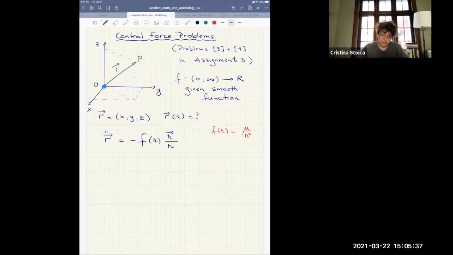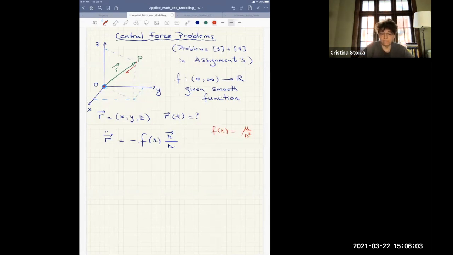These are called central force problems. What is going on is that you have a gravitational source, like the sun or the earth, and then you have this point around it, which is attracted by it. The attraction is always pointed towards the gravitational source, in this case chosen to be the origin of the system.